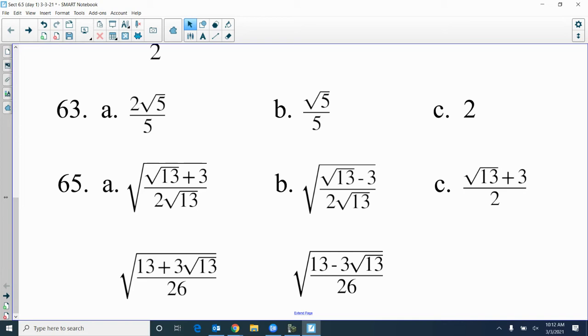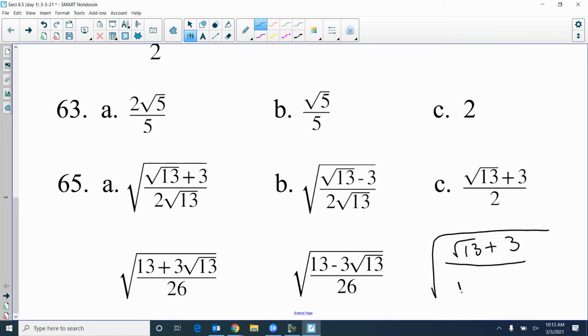And now for C, I think even in the book they didn't have this one, but that was one I got using a different method. I think they just have the square root of 13 plus 3 over square root of 13 minus 3.